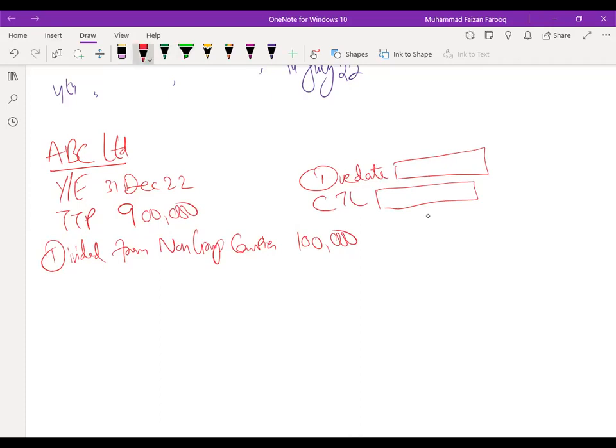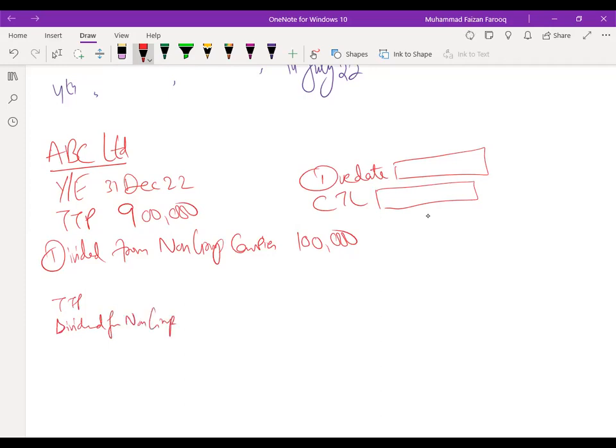First of all, is this company large or not a large company? In order to find out this, you need to calculate AP, right? Right.